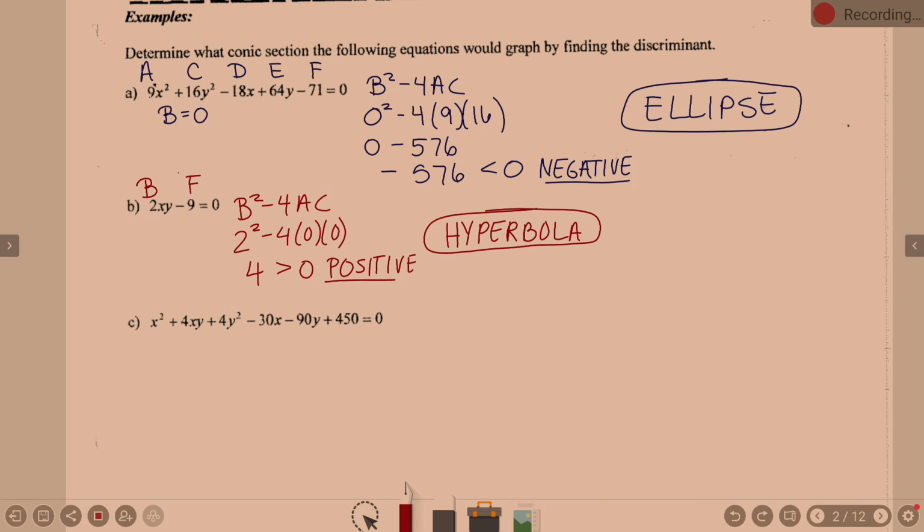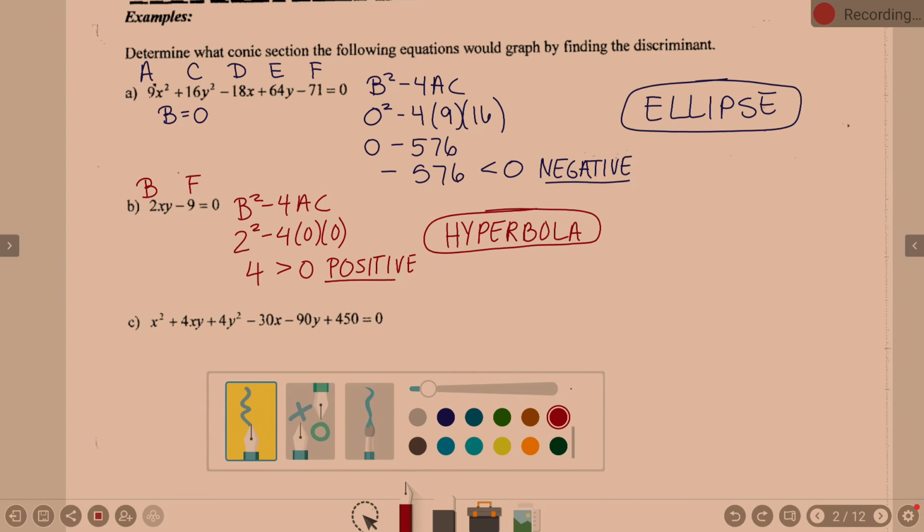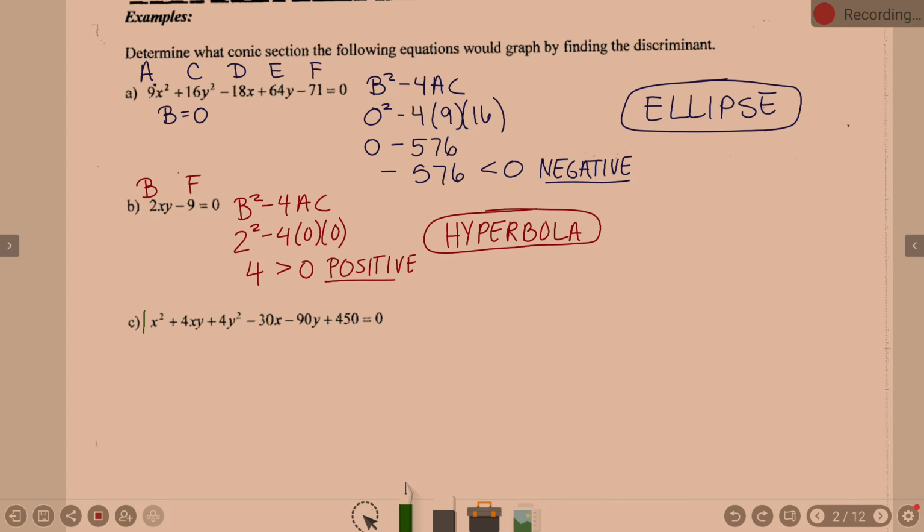Okay, C. What's A? 1. What's B? 4. What's C? 4. What's D? Negative 30. What's E? Negative 90. What's F? 450. So, discriminant, b squared minus 4ac.